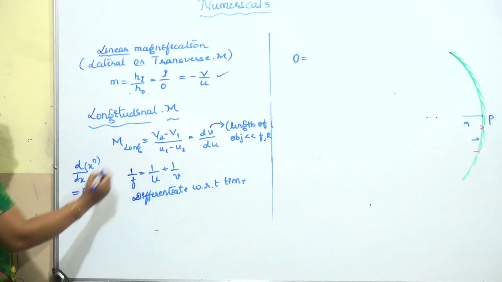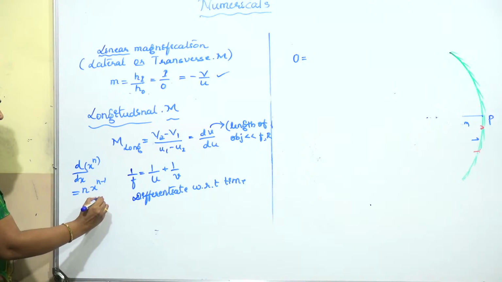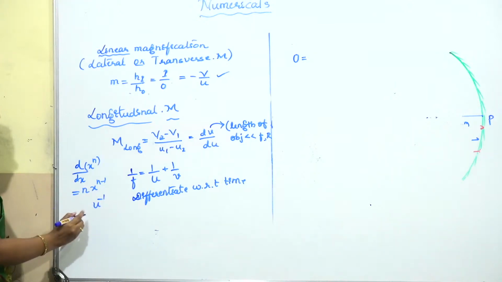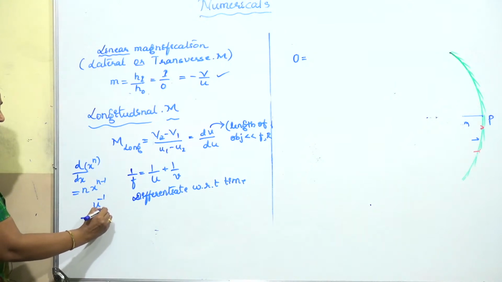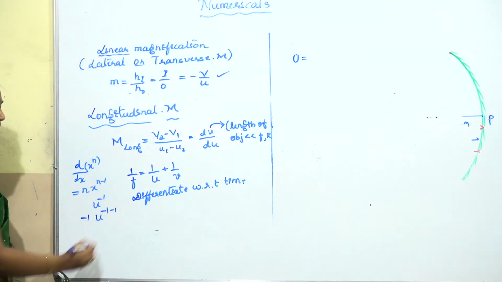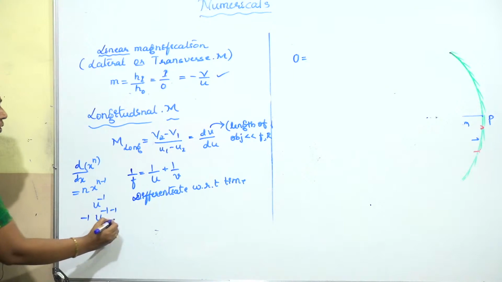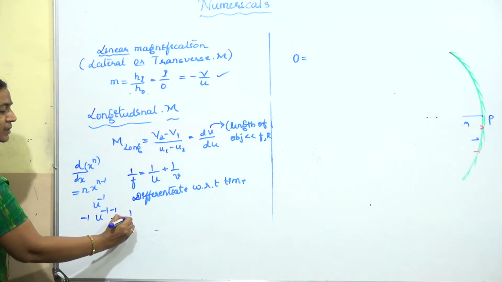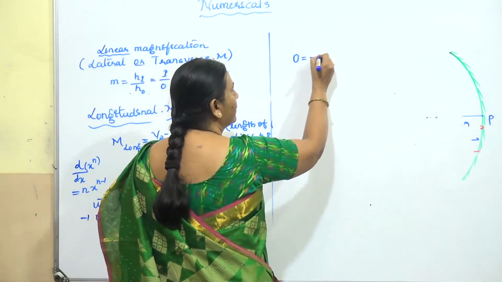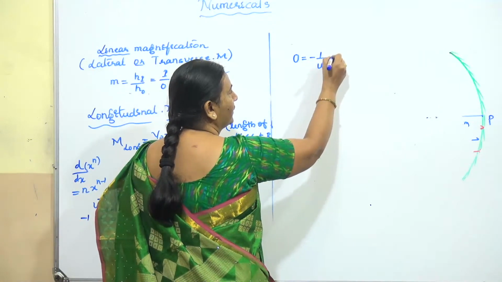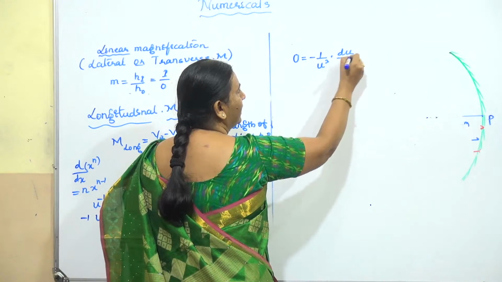So u to the power minus 1 becomes minus 1 times u to the power minus 1 minus 1, which is u to the power minus 2, or minus 1 by u square. So we get minus 1 by u square into du by dt.